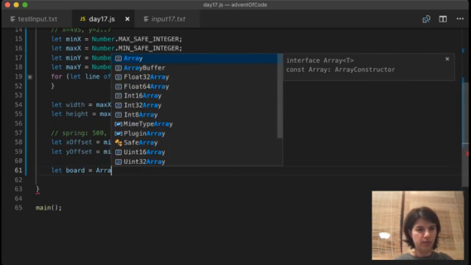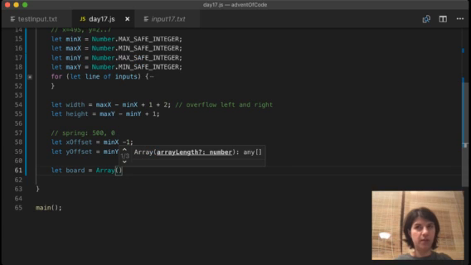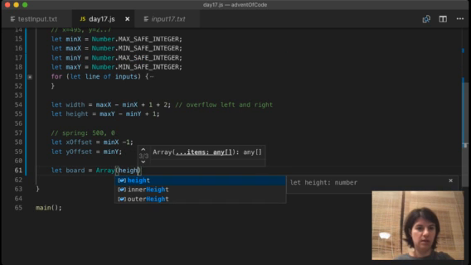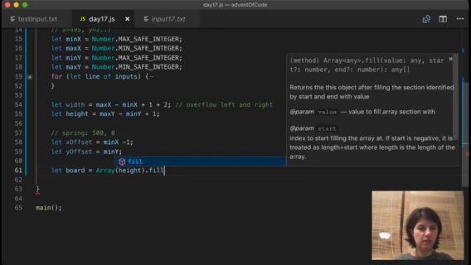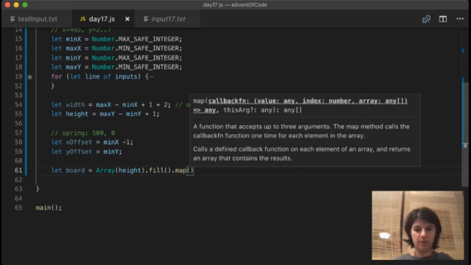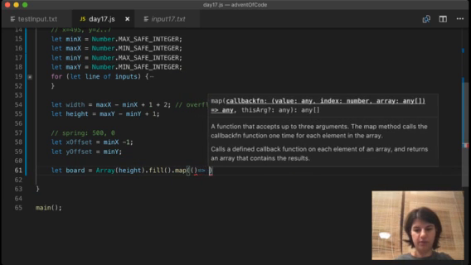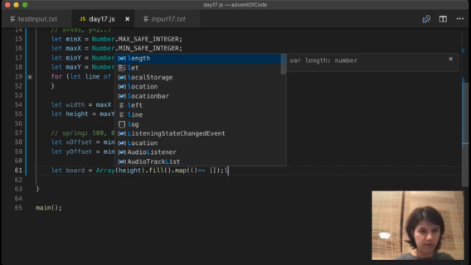Let board be an array, and in my array I will have, yeah, I think I want the rows. So this one needs height many, that fill, and now we are mapping every entry to an empty array.